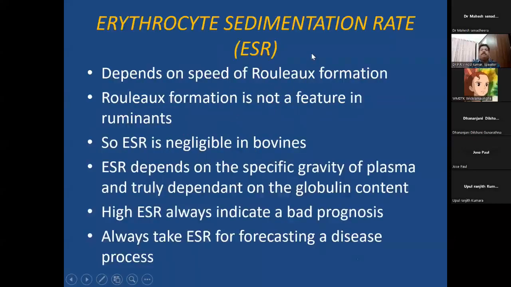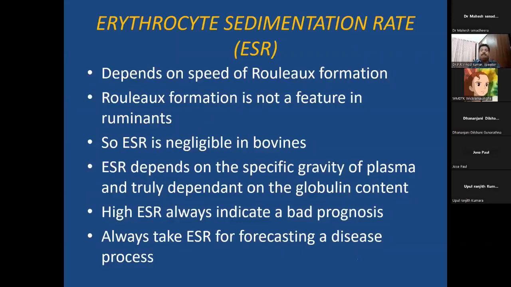This is another thing that we ignore, that is ESR, the erythrocyte sedimentation rate. That is very important. I have already mentioned that the speed of rouleau formation always influences the ESR. ESR is dependent on the speed of rouleau formation.